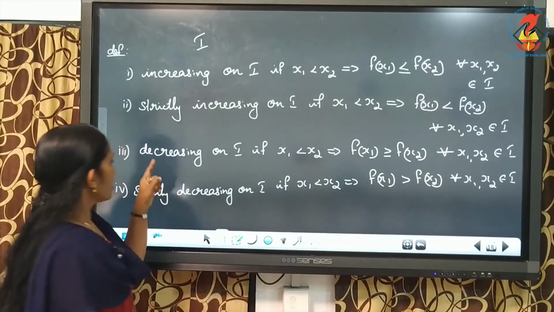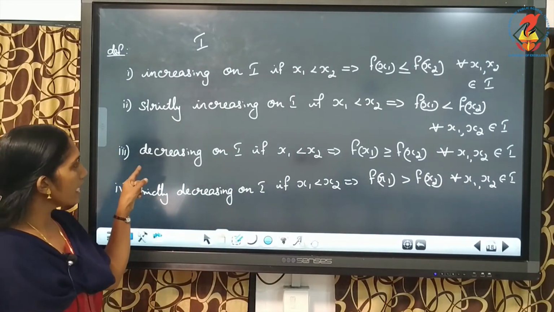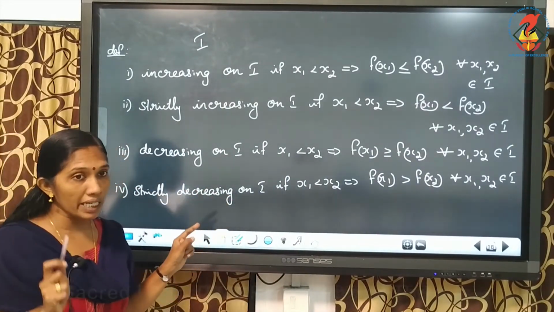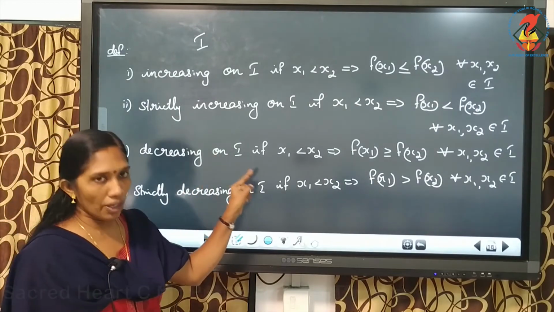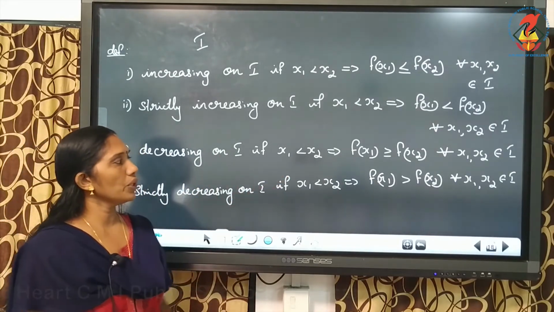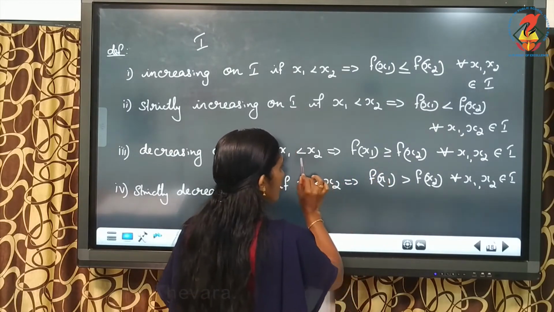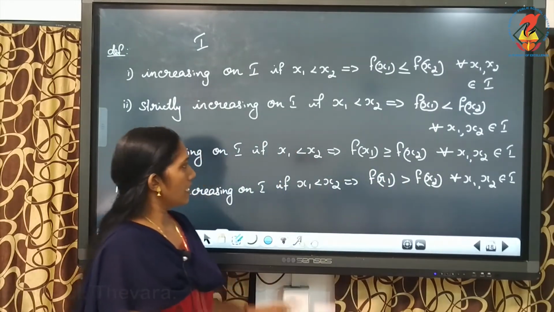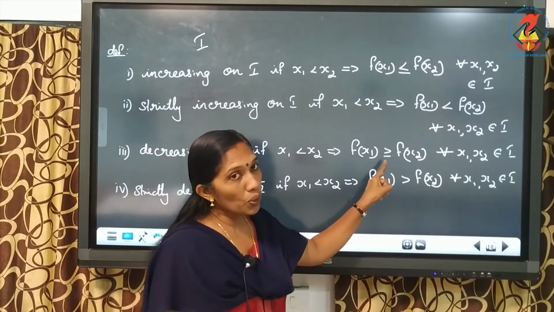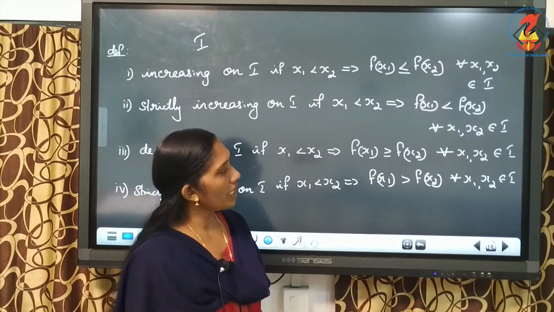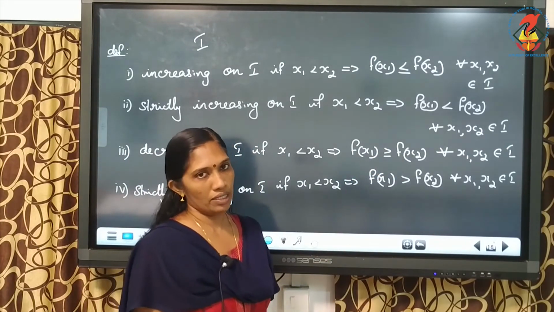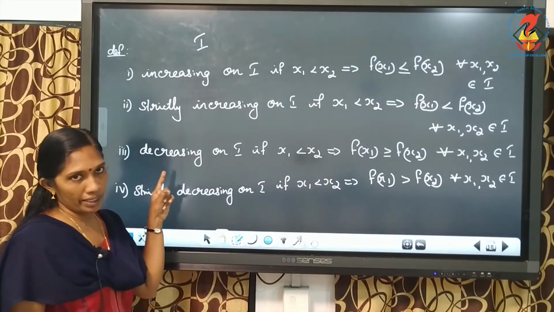But look at this decreasing. A function f is said to be decreasing on I if x1 less than x2 implies f of x1 greater than or equal to f of x2, just opposite symbols, for every x1, x2 belongs to I. So, that is said to be decreasing.